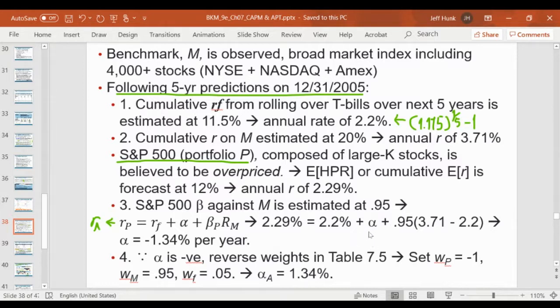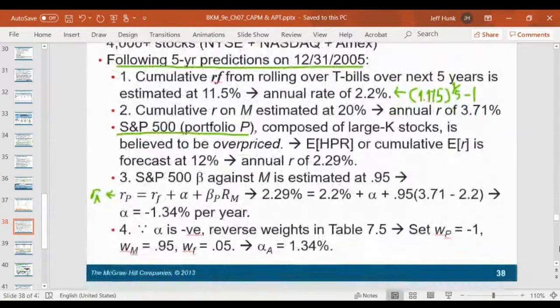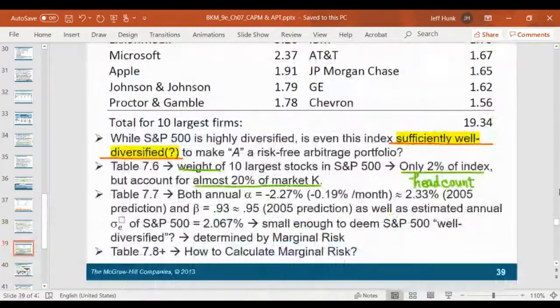So unless alpha is only like 0.03, you cannot equate this with that alpha value, because this is only the risk-free T-bill. And in that arbitrage model, alpha was 1.34. So I can't really make sense of where they got this.